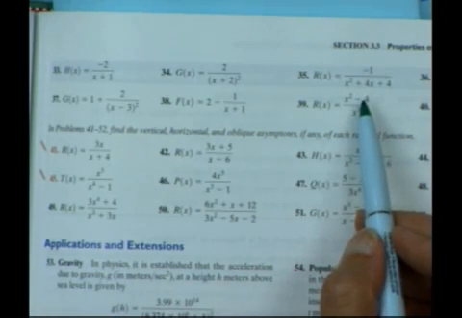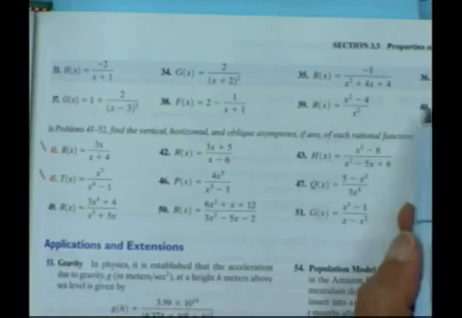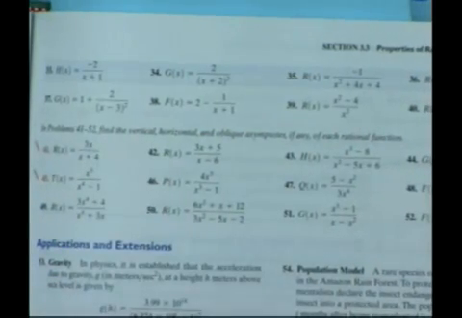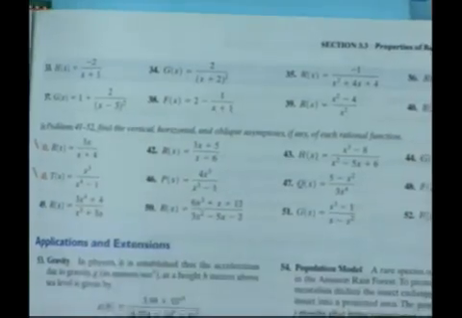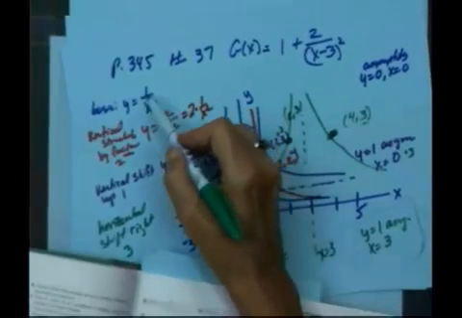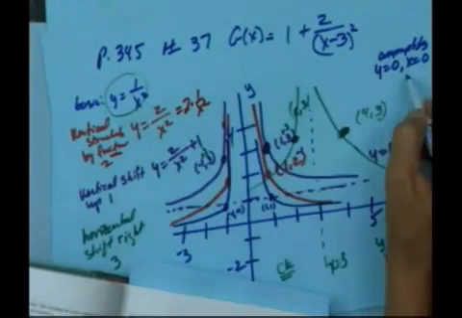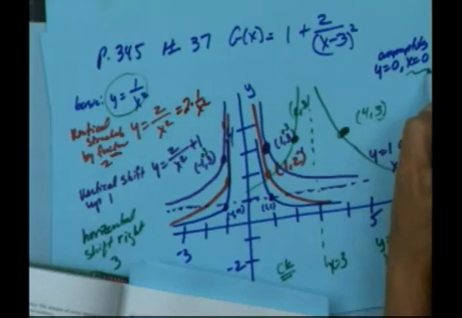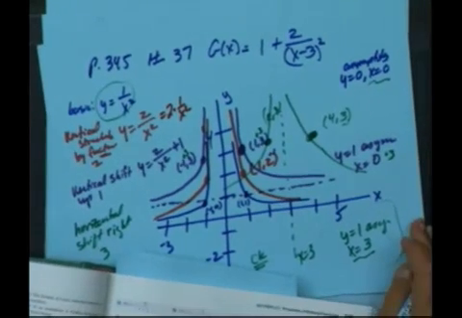I have a question. On number 37, the vertical asymptote, was it first x equals 0, and then it became x equals 3? Yes. If your basic function was y equals 1 over x squared, your vertical asymptote was x equal to 0. But when we put in the shifts, by the end your vertical asymptote is at x equal to 3.